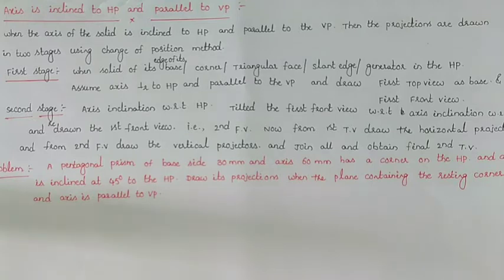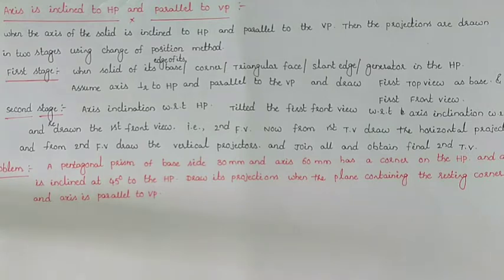But in case of solids, if the edge of the base, or the corner, or the triangular face, or the slant edge, or the generator is on the HP in the problem, then in the initial stage we assume the axis perpendicular to the HP and draw the first top view and first front view of our diagram.